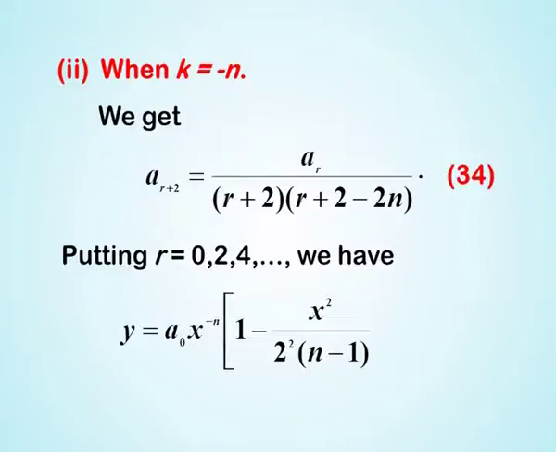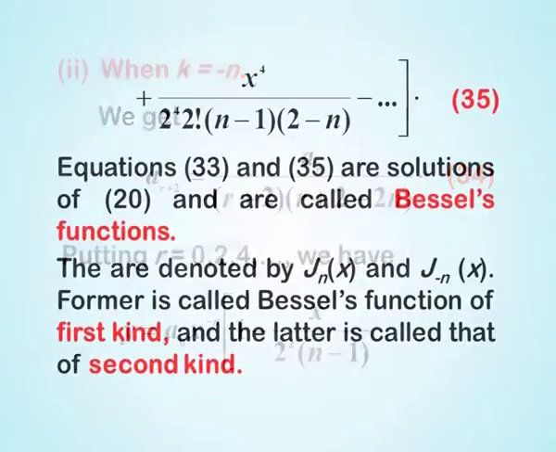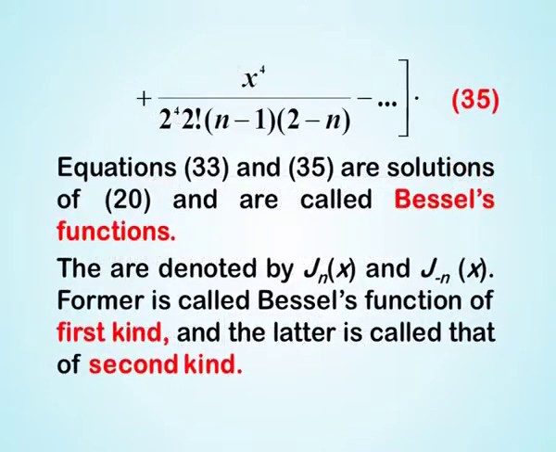If you look into this series, it looks almost the same, x square, then we have x4, in the denominator we have 2 square and then factorial 1, same thing. The only difference is in the denominator now we will be having n minus 1 and 2 minus n, alternate positive negative terms. That makes the series more convergent, but right now we are not concerned with the convergence or divergence of the series. So that results into 35.